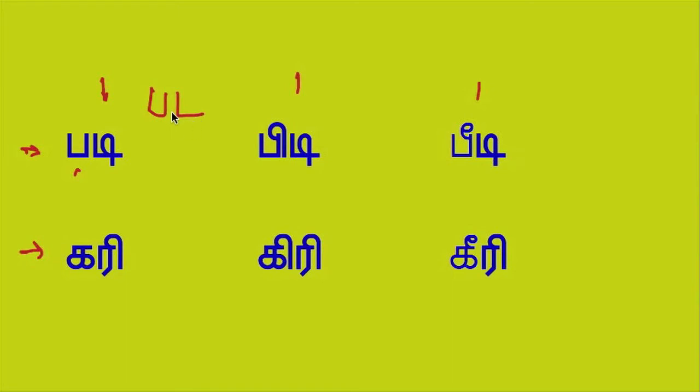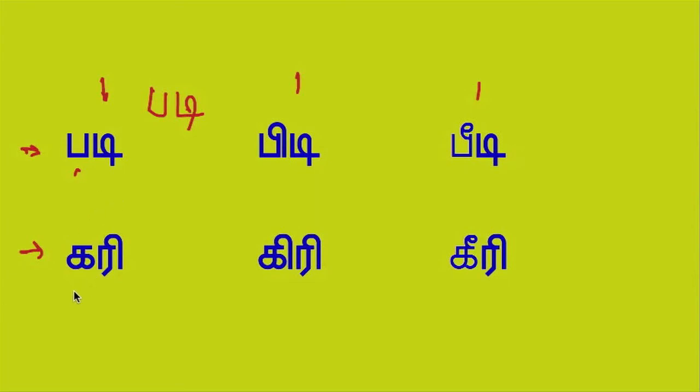This is the da sound because it's in the middle of a word following a vowel sound. So pada. When we add the short E, it becomes padi, and we say that sound because it's at the end of the word. The next is pidi. It's pa at the beginning, but when we add this, it becomes pi. And then when we make that really long, it becomes pee.